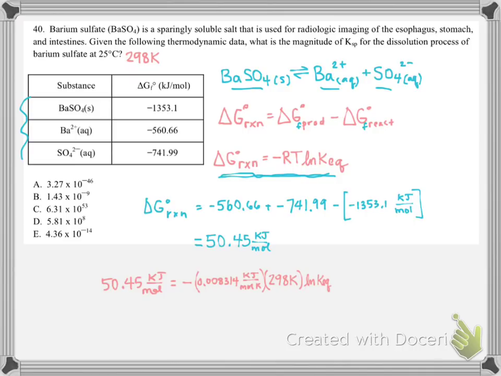And so all we're going to do is now divide by everything except the natural log, and we'll end up that the natural log of KEQ is equal to negative 20.36. And so to get KEQ, we'll just do e to the power of negative 20.36.